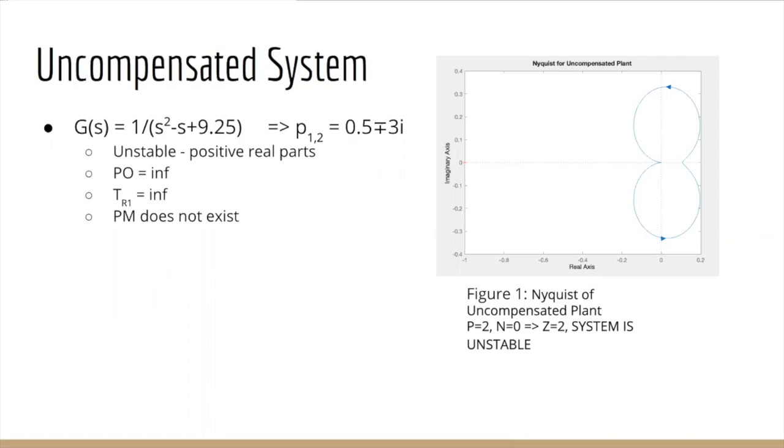In order to create the system, I first looked at the uncompensated system and noticed that the poles had positive real parts, immediately implying that the system is unstable and none of the design requirements were met or existed. On the right, you can see the Nyquist of the uncompensated plant, which has P equal to 2 and N equal to 0, implying that Z is equal to 2, so the system is unstable.